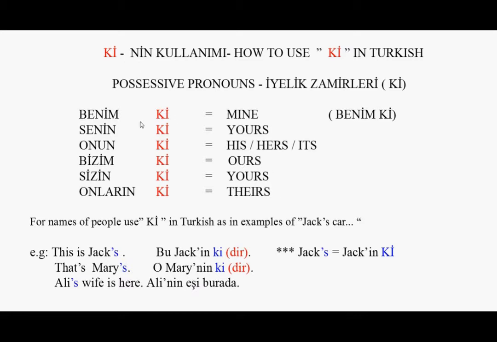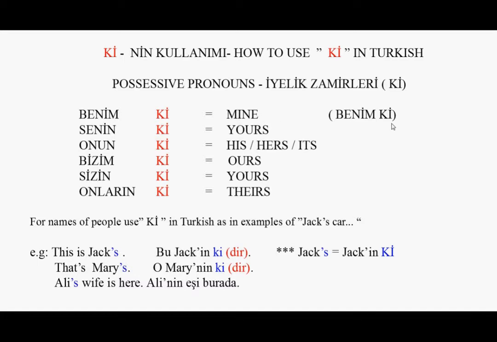So in Turkish we use, for example, benim, senin, onun, bizim, sizin, onların. But to describe this as a possessive pronoun, you have to use only one word, which is a suffix, guys, as you see here, ki, in red. So for example, benim ki means mine in English.